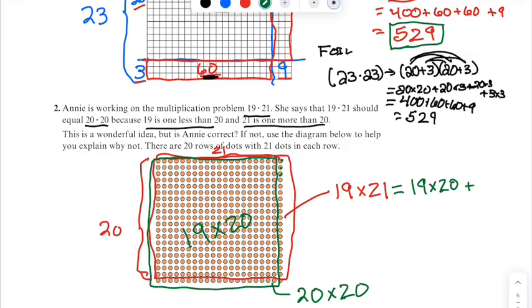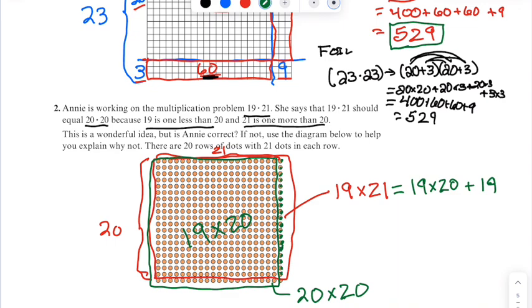So that's 1, 2, 3, 4, 5, 6, 7, 8, 9, 10, 11, 12, 13, 14, 15, 16, 17, 18, 19. Right, so we're looking for 19 times 20 plus 19 more dots.